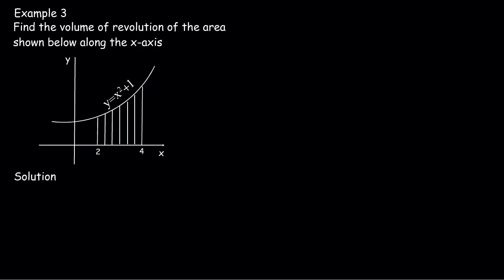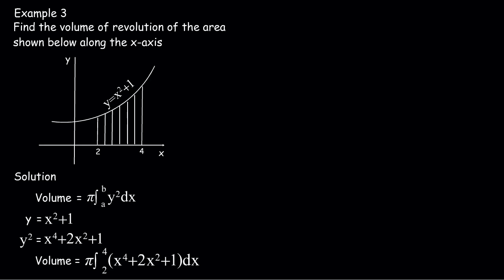Since we are revolving along the x-axis, our volume will be equal to pi the integral of y squared dx from b to a. Now writing down our equation y equals x squared plus 1 and squaring both sides to get y squared will be equal to x to the power of 4 plus 2x squared plus 1.